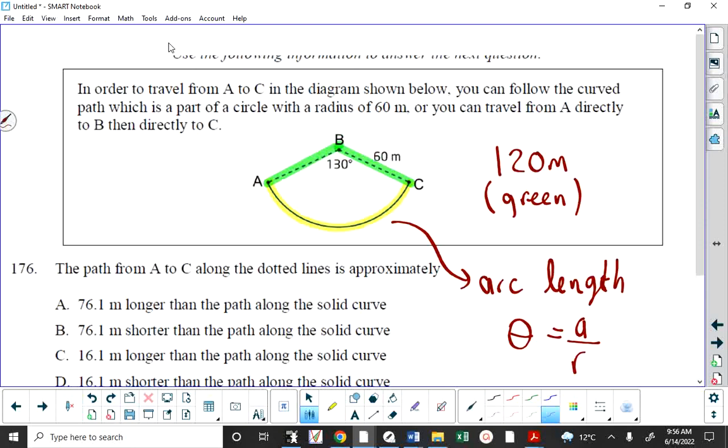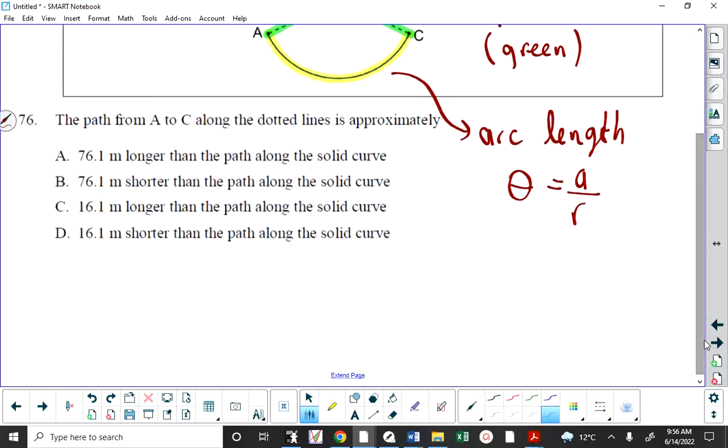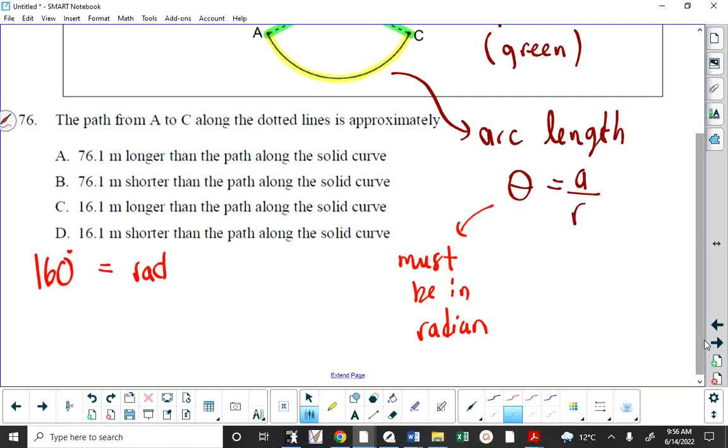The only catch with this is in this formula, this must be in radians. So what you're going to have to do is convert 130 degrees to radians. Now, if I had to guess, I would say that this process of converting degrees to radians would never be asked on a written response.